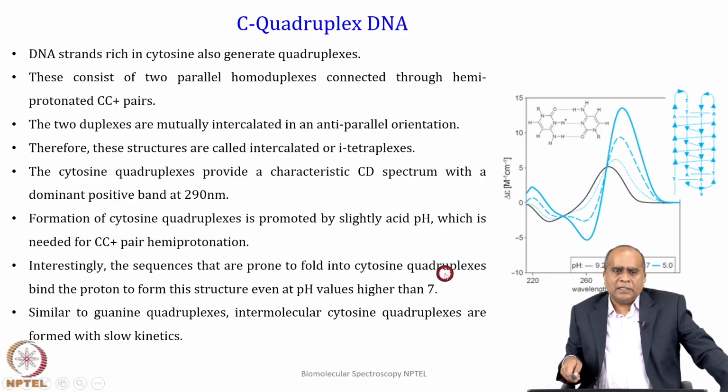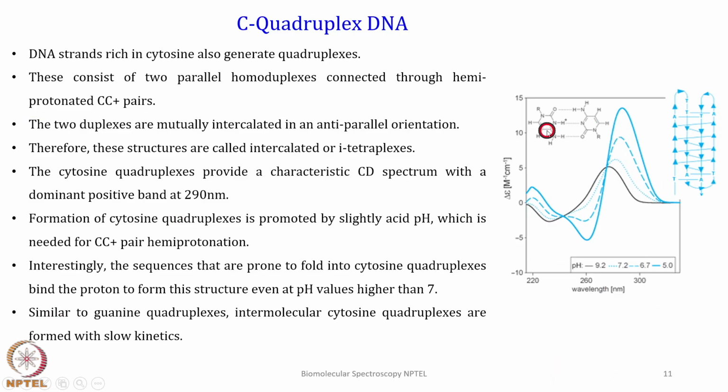So, formation of the cytosine quadruplex is promoted by slightly acidic pH, because you see here this has to be protonated, and this protonation can only happen if the pH is lower, and therefore it is denoted by C-C plus, the hemiprotonated state, right. So, you require a pH lower than 7. Interestingly, sequences that are prone to fold into cytosine quadruplex bind to protons in this structure even at slightly higher pH, right.